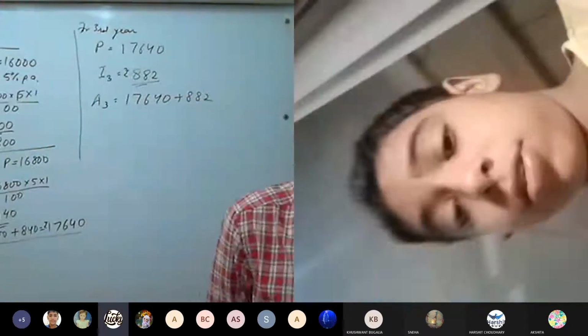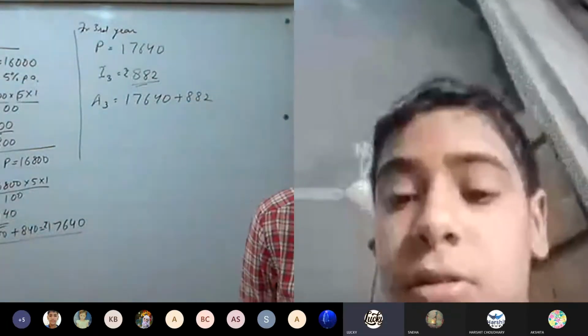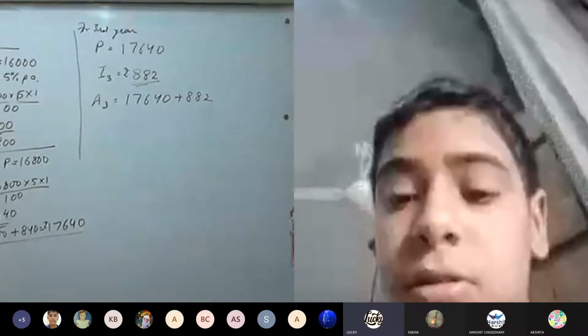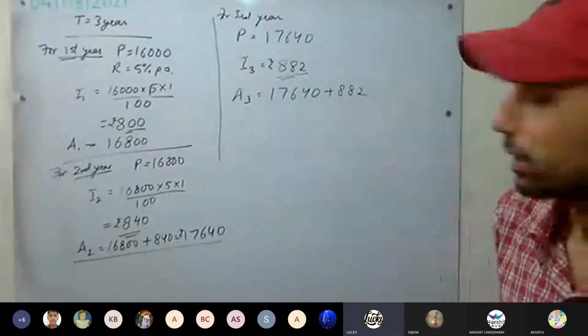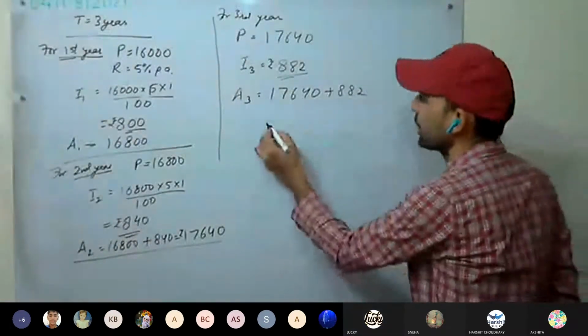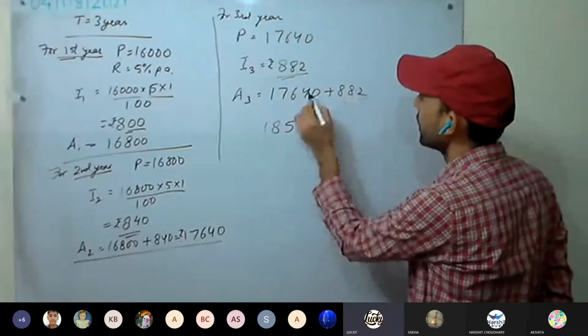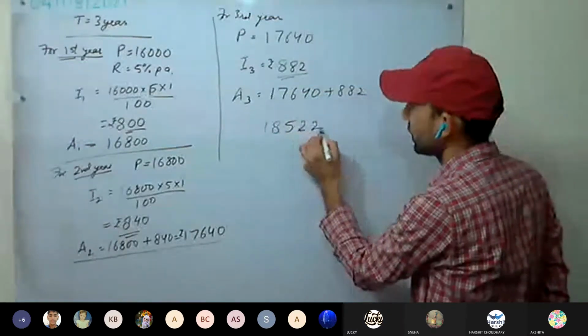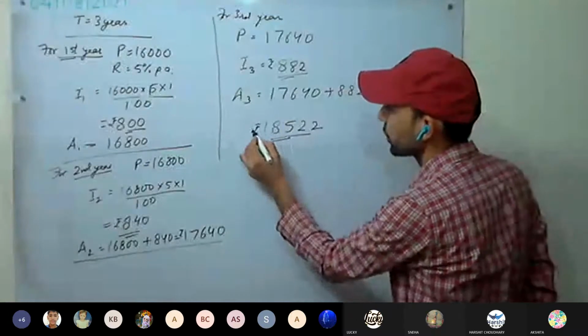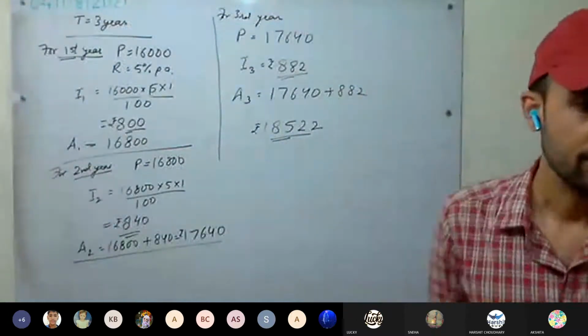Add them. 18,522. This much rupees is the amount.